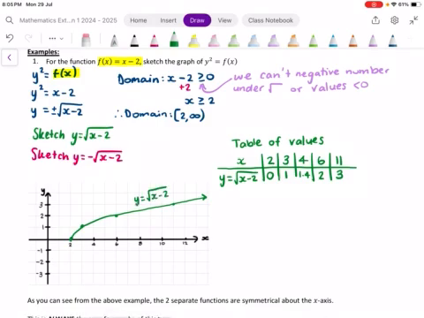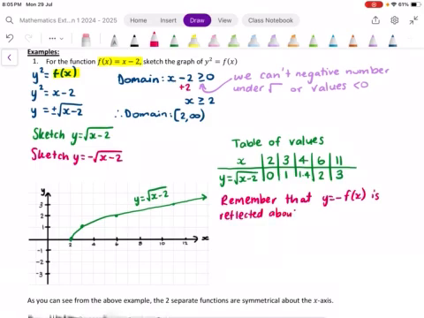Now, we were asked to sketch both our functions. So what we need to do is sketch our y equals negative root of x minus 2. We need to remember that y equals negative f(x) is our function reflected about the x-axis.